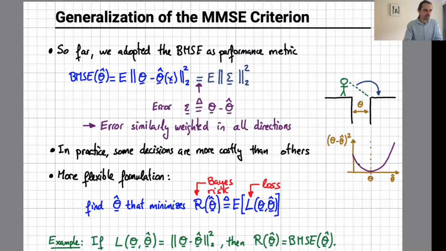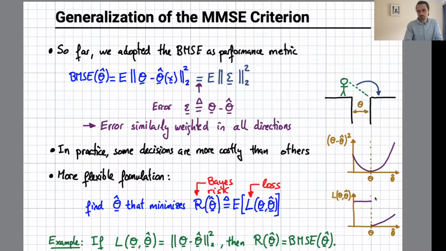And here we can corroborate that the cost of underestimating theta by 1 meter is the same as the cost of overestimating it by 1 meter. So this loss doesn't really make sense for this problem.